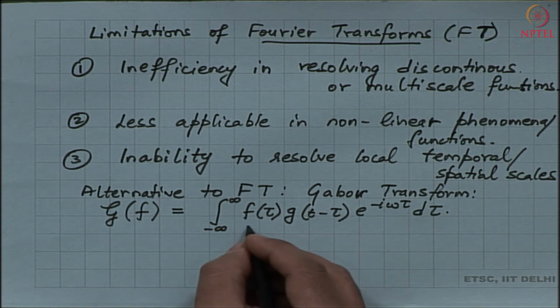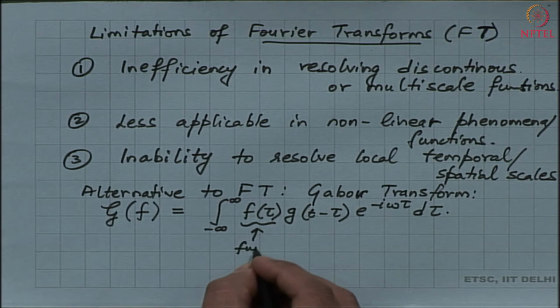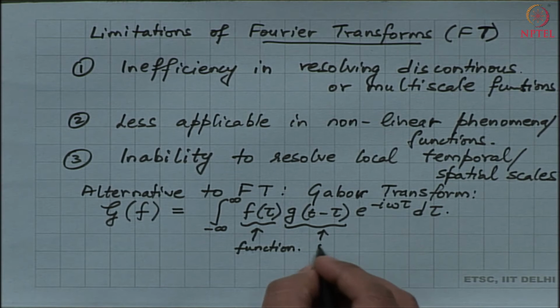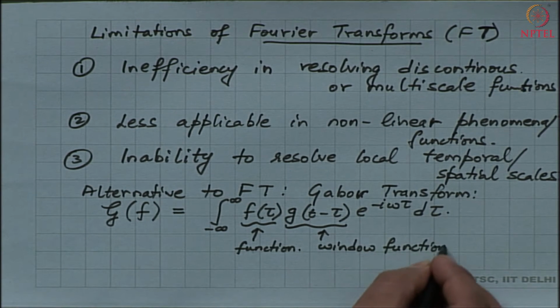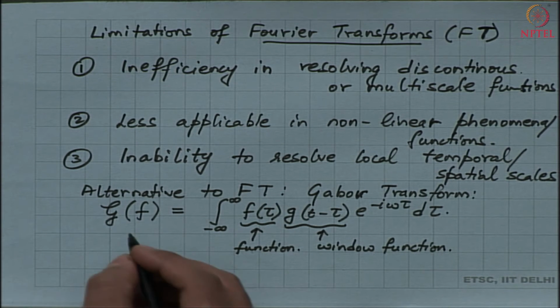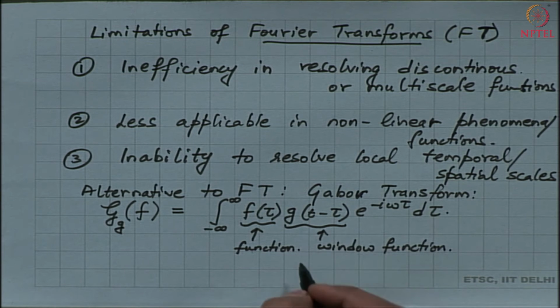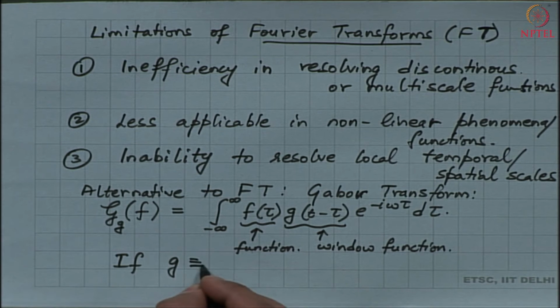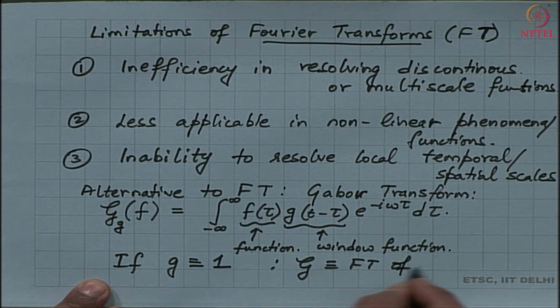So, I call f of tau my argument. This is my function of which I am finding this transform. This g is the function also known as the window function for the Gabor transform. Now, it is easy to see that if I have g identically equal to 1, my Gabor transform is identically equal to the Fourier transform of f.